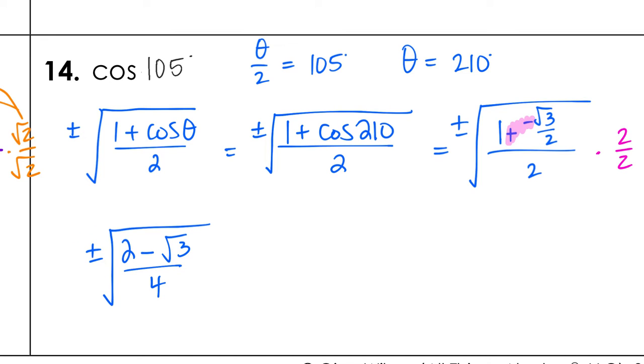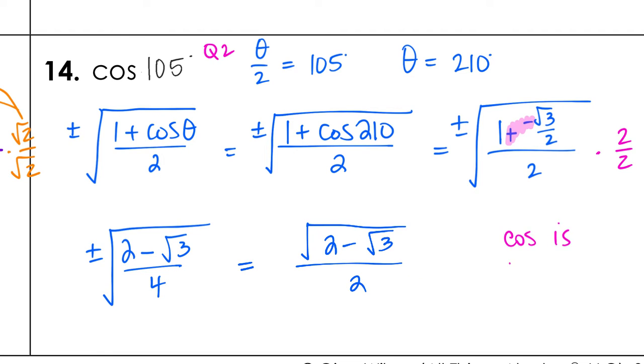It can't be both. So how do we decide? Well, 105, that is in quadrant 2, and cosine is negative, so negative in quadrant 2. So that's what tells me that I need to have a negative out here.